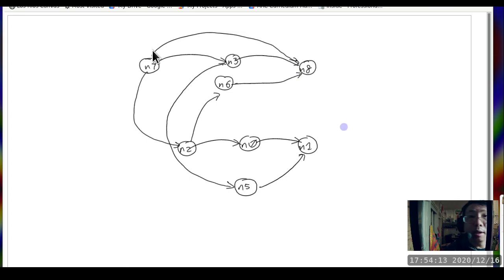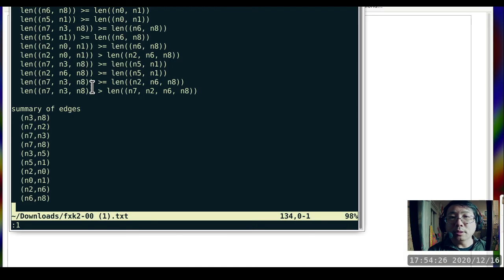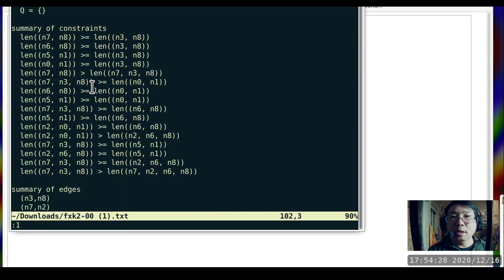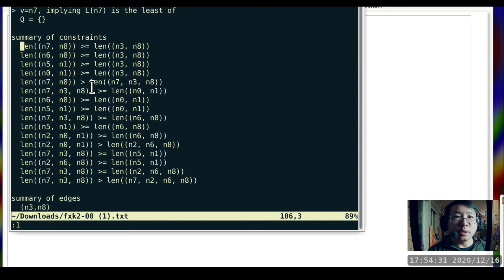All right, so the next thing we need to do is to find out how the lengths of paths are compared to each other. That part is summarized by a whole bunch of comparisons, and these constraints were built up as we update things, and also based on the ordering of how we choose which vertex out of Q. So that's a summary of all of the lengths of paths between vertices.